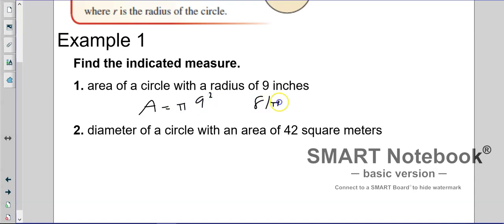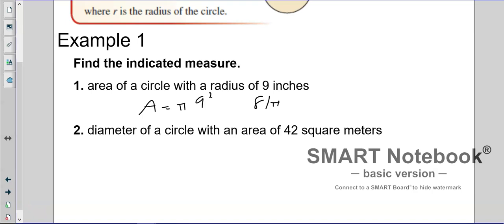Now, sometimes we will ask you to leave it in the form of pi. Okay? If that's the case, then you will just stop right there. Otherwise, you will do 81 times pi, or 3.14.